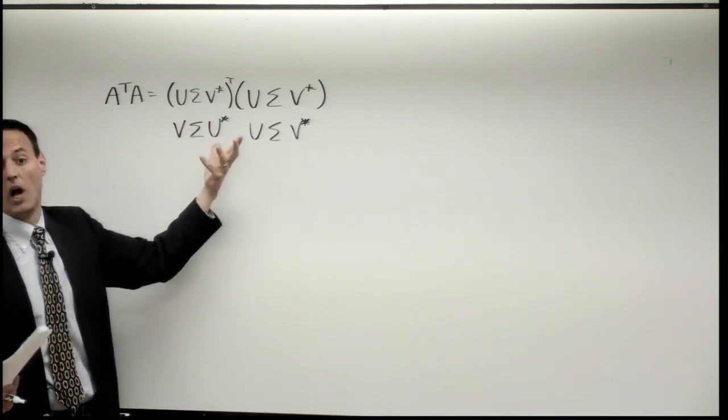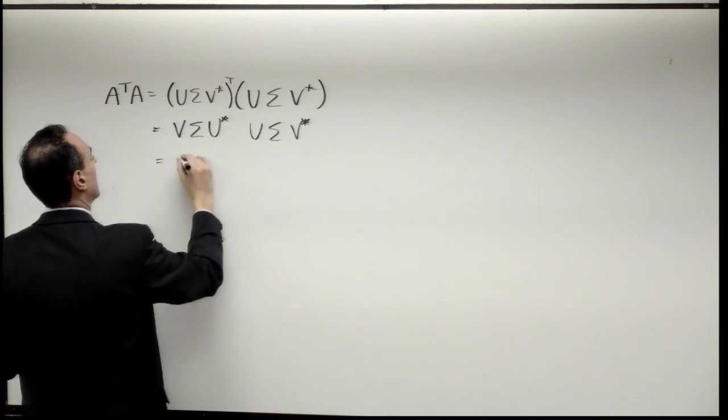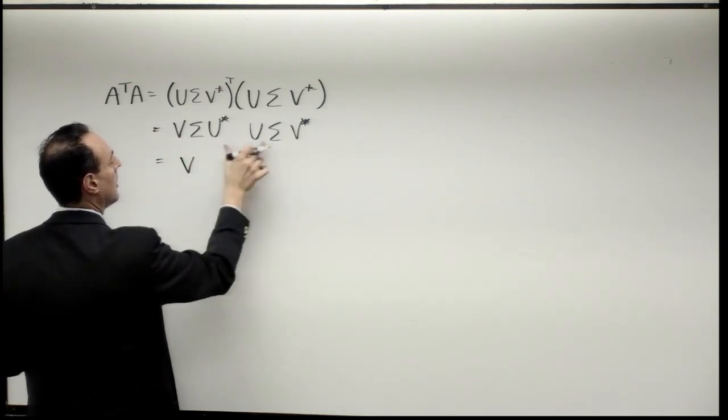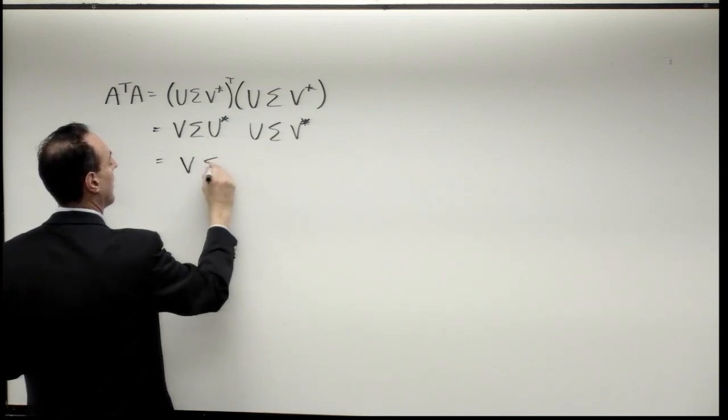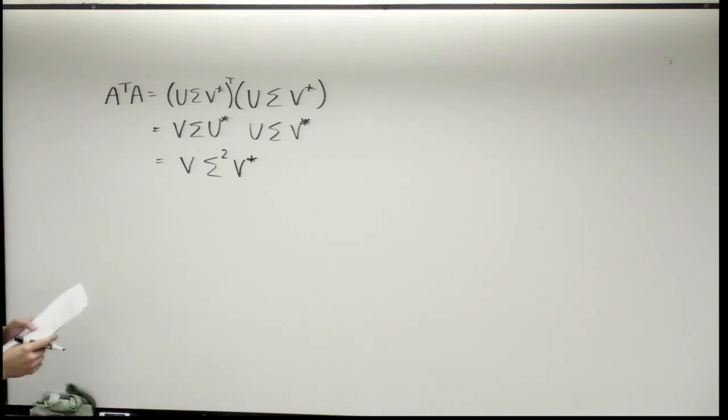U inverse times U is 1. So what do you get? V sigma 1 sigma V star. Well, this is 1, so you just get sigma squared there. That's something to keep in mind.